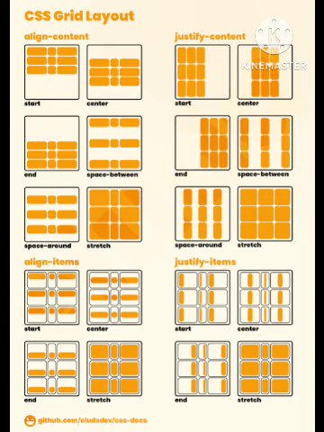Instead of writing 1FR 3 times, we have code like repeat of 3 comma 1FR. What this says is we are repeating the 1FR property 3 times. So there will be 3 columns and each will have one fraction, right?